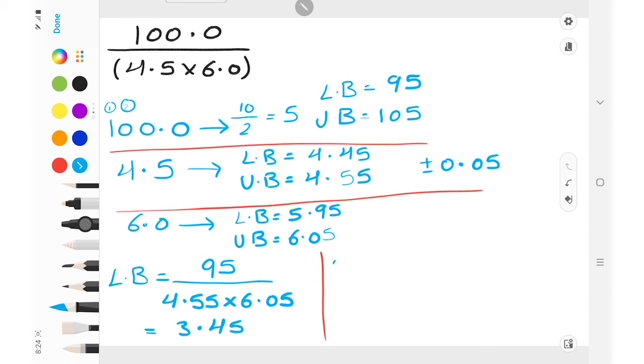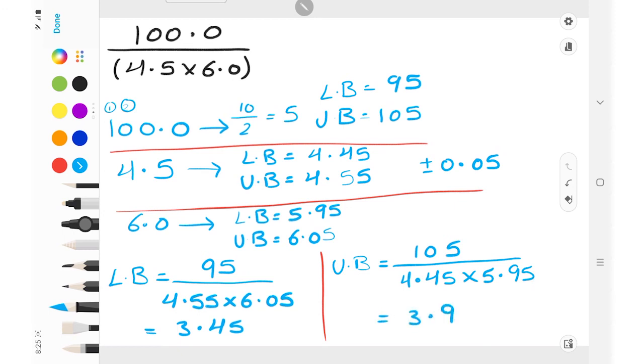Now for the upper bound of the whole calculation, it's upper divided by lower. 4.45 multiplied by 5.95, and it's 3.97. Just follow the rule and you will find it very, very easy.